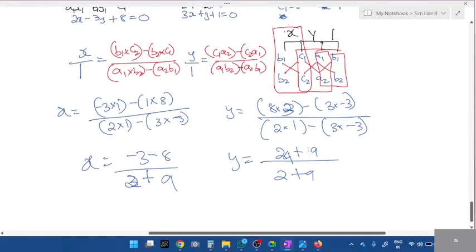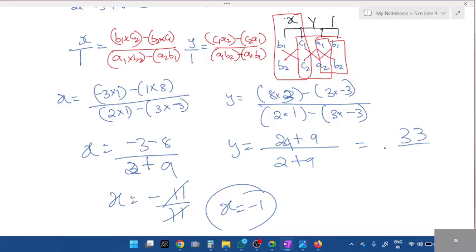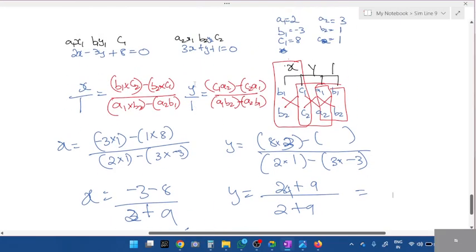24. Okay, what's the value here? Minus 11 divided by plus 11. Answer is 1. For y, what do you get? 8 into 3 minus, what is the C2 A1?